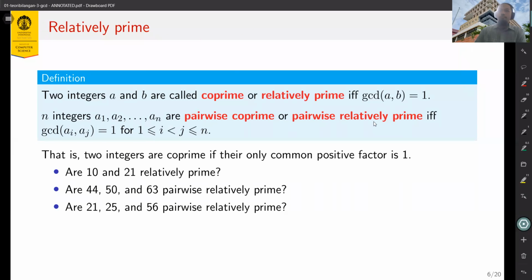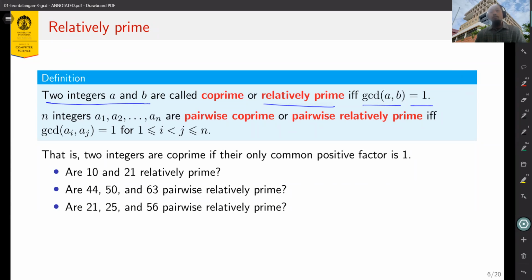Now there is a concept here. We say that two integers A and B are co-prime, or relatively prime, if and only if their GCD is 1. For example, are 10 and 21 relatively prime?